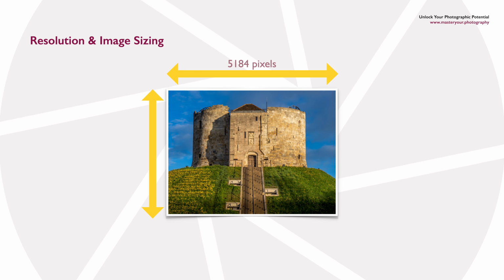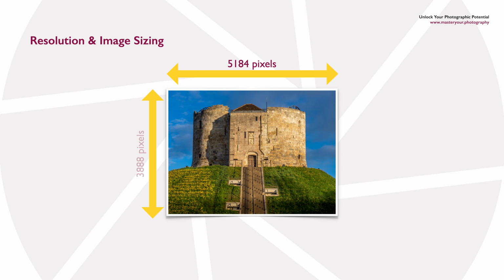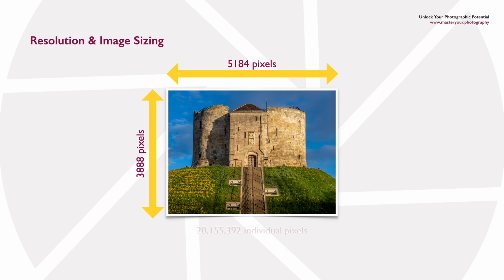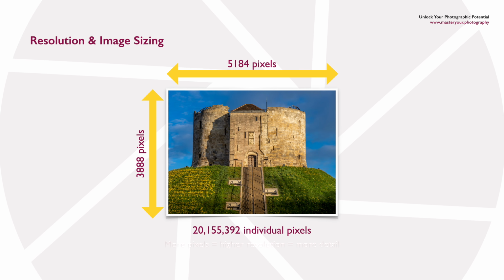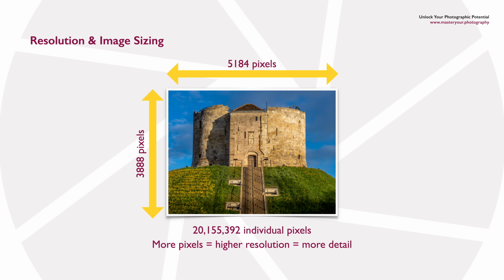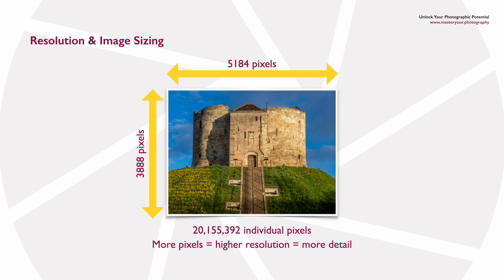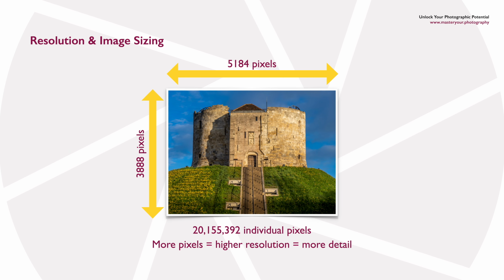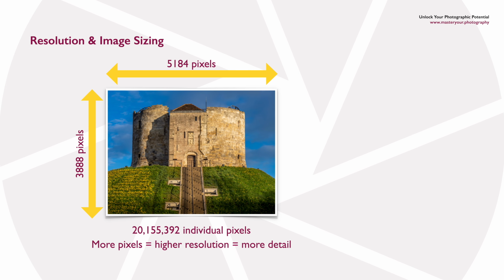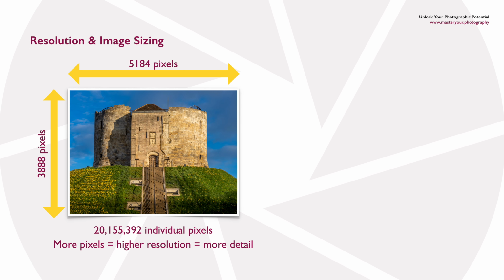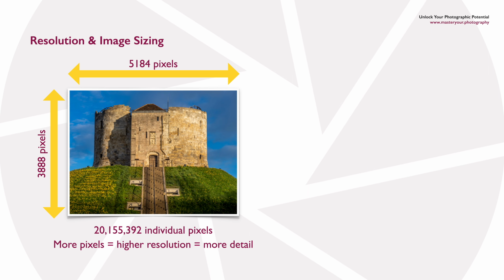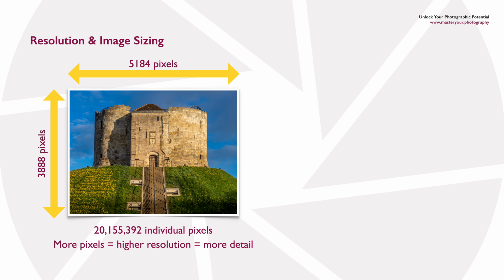If we take this image for example, this is 5,184 pixels wide by 3,888 pixels tall. Now that gives us a total of just over 20 million individual pixels. The more pixels we have, the higher the resolution and the more detail we can actually show within our image.